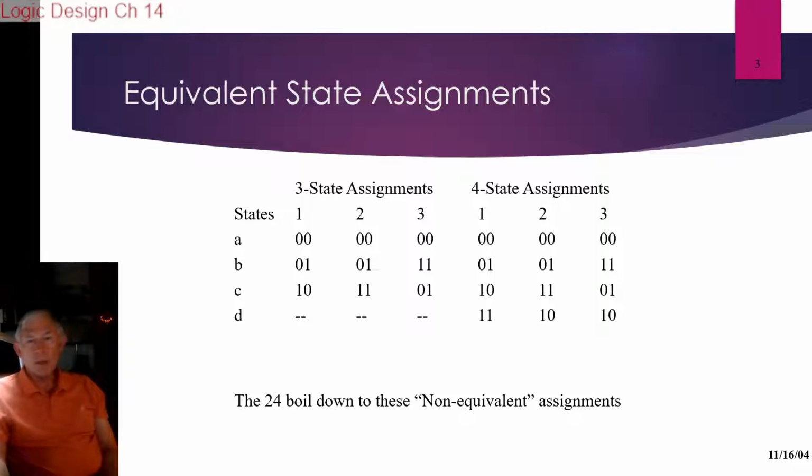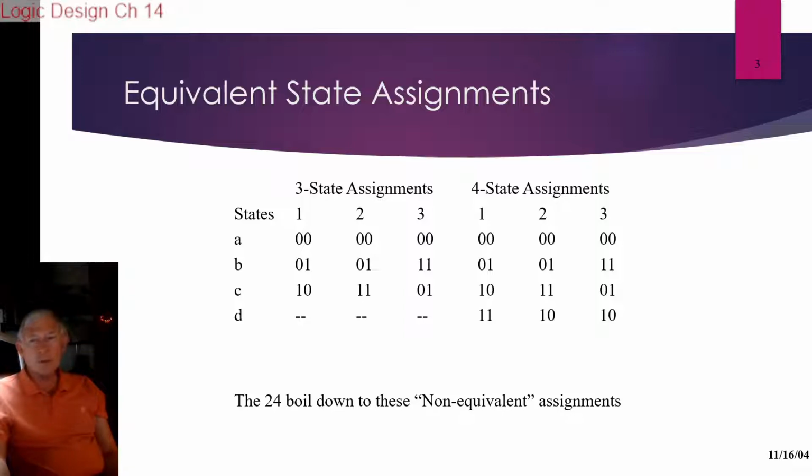And so out of the 24, there are about, say, 8 of them that will give you one hardware that is somewhat like the straight binary assignment. It may shuffle the gates around a little bit, but you'll still have the same number of gates, same number of inputs.